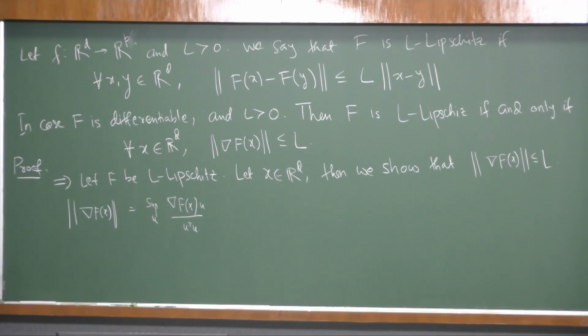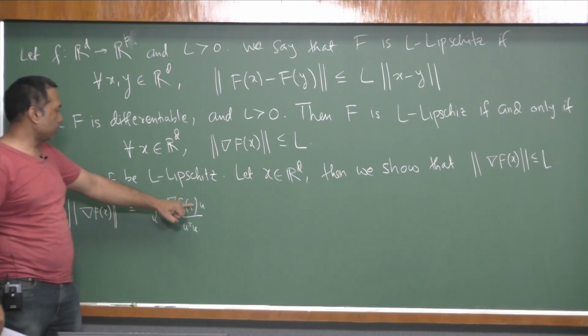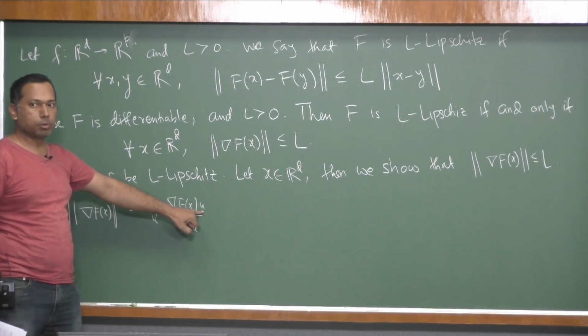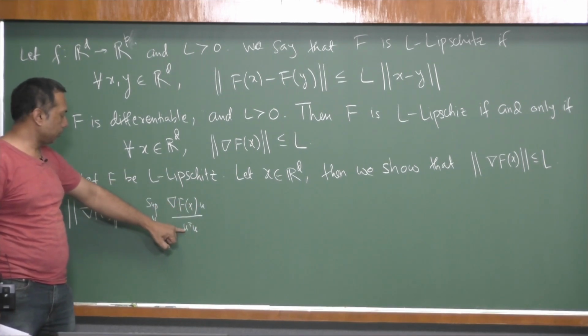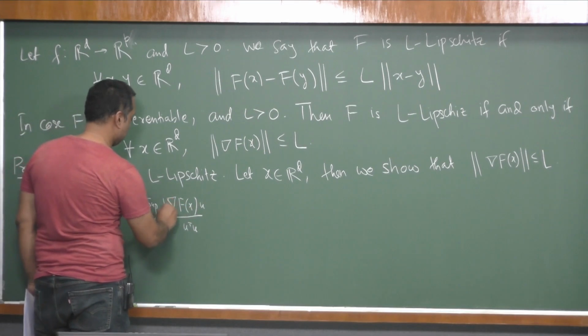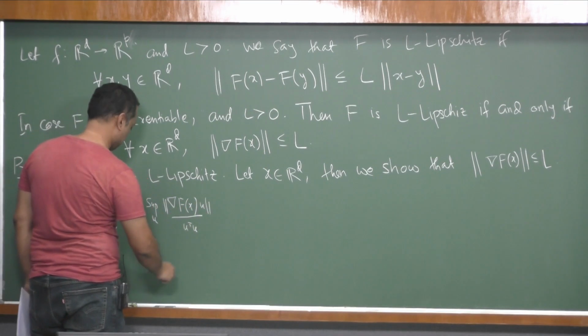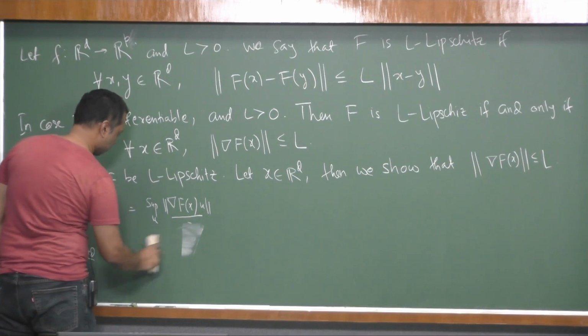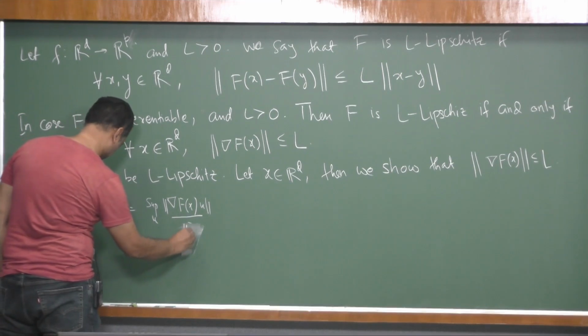So the norm of a matrix is defined by the action of the matrix on u relative to the size of u, right? We have done that. So this is an induced norm, a matrix norm which is induced from the vector norm. So I can also write this in terms of the norm.